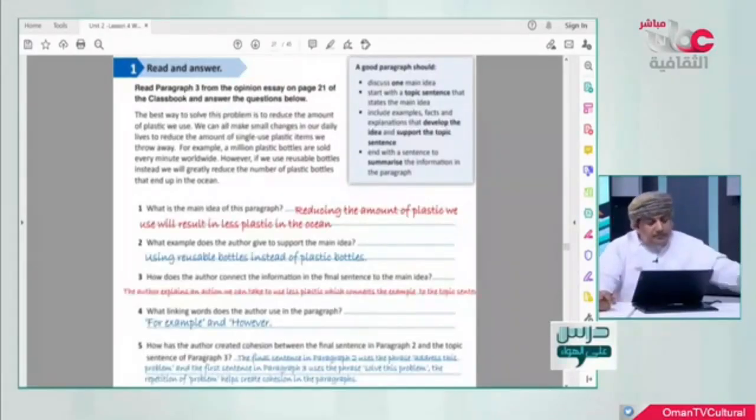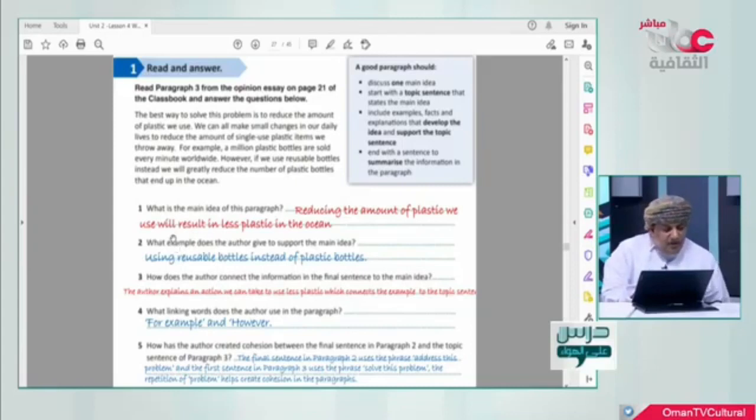Now, let's look at the answers. Okay, for question number 1, what is the main idea of this paragraph? I think it's reducing the amount of plastic we use will result in less plastic in the ocean. You can find this in the topic sentence. This is the answer. Okay. Number 2, what examples does the author give to support the main idea?